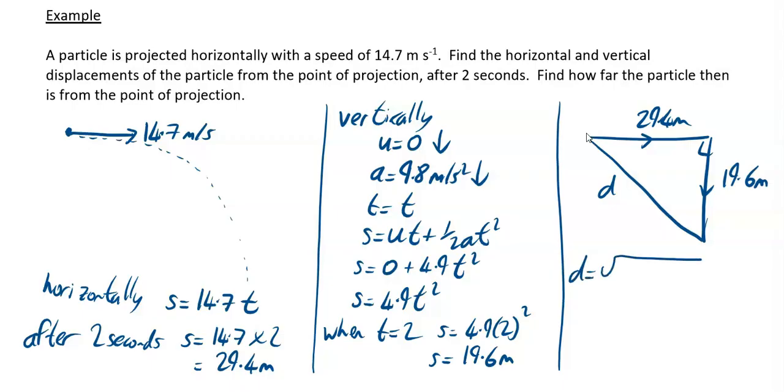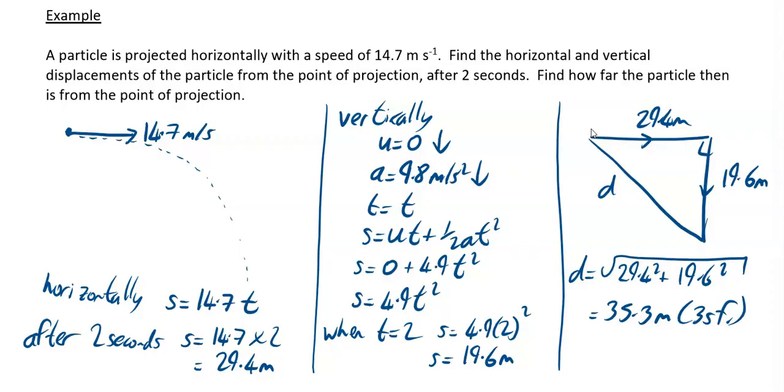So d is on the hypotenuse, so it's the square root of 29.4 squared plus 19.6 squared. Press equals on that, and what I've got to 3 sig figs is 35.3 meters.